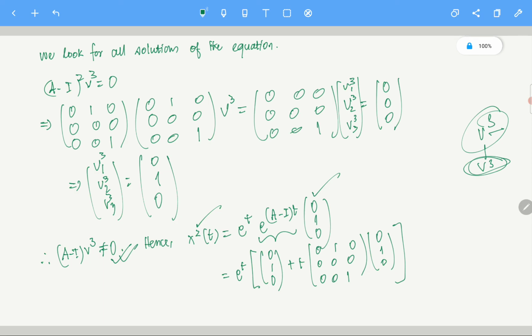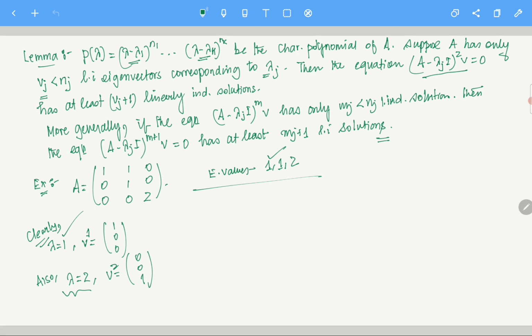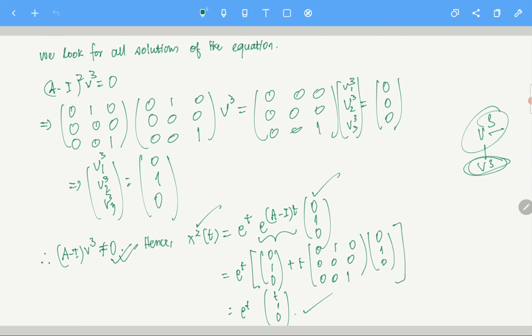Okay, now if you put it together, it becomes e power t. Okay, let me just write it down. It's t 1 0. Now please check this part. So this is one solution, and the other solutions are given by e power lambda t times 1 0 0, e power 2t times 0 0 1, and this is e power t times t 1 0, and hence the general solution.